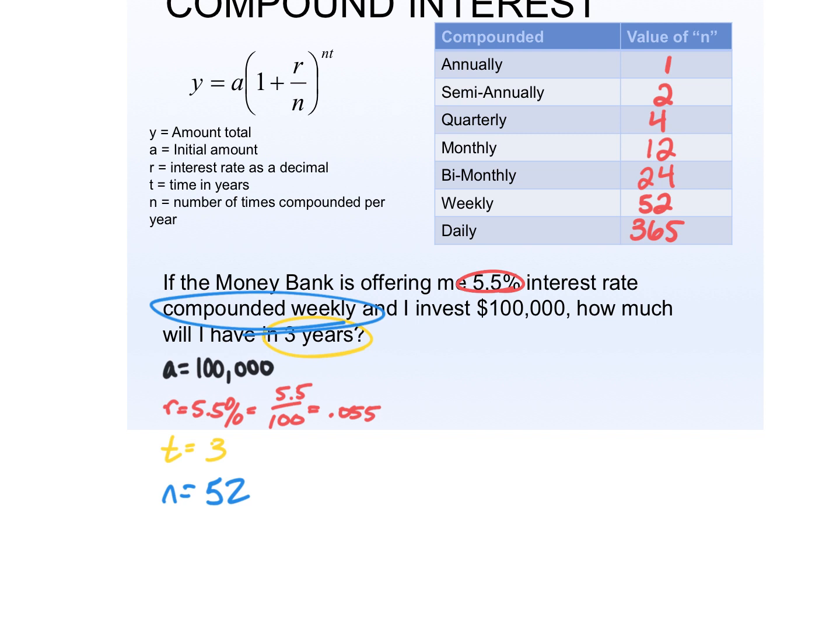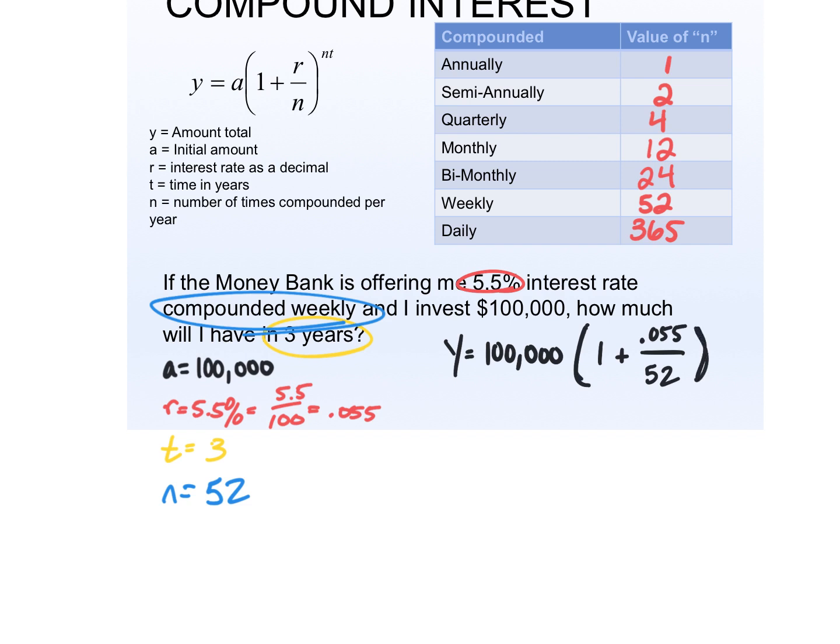So as we go and plug through all of this stuff, you would get y is equal to, well, your A value is 100,000. Then you have in your parentheses 1 plus, well, your rate was 0.055 divided by N, which is the number of times we compound our interest, which here it was 52.